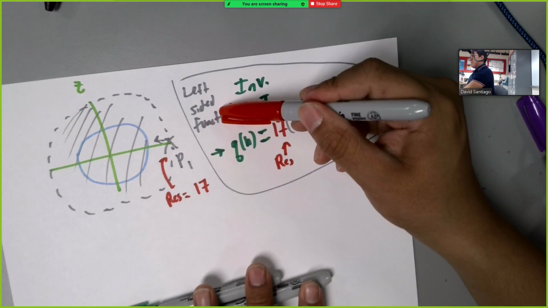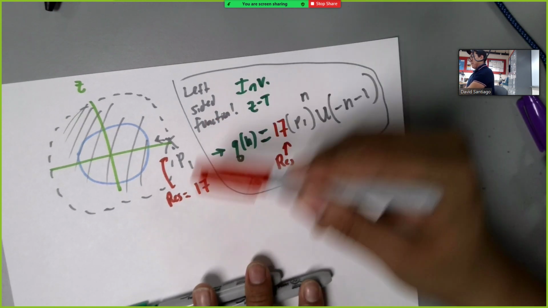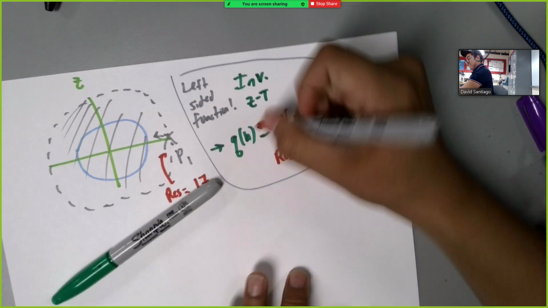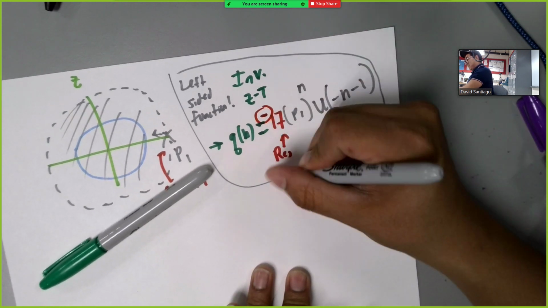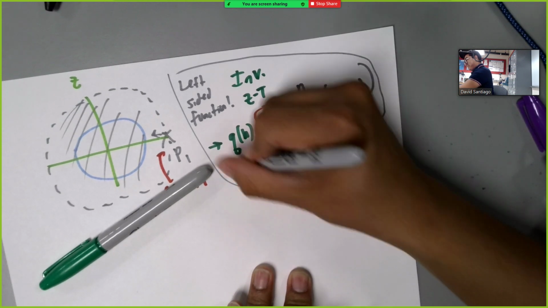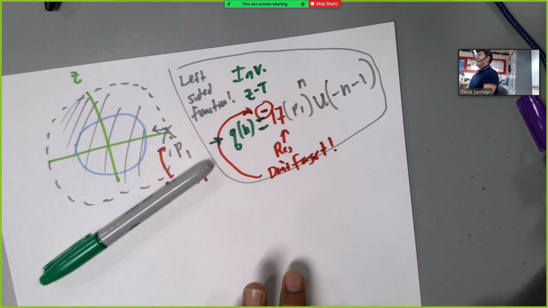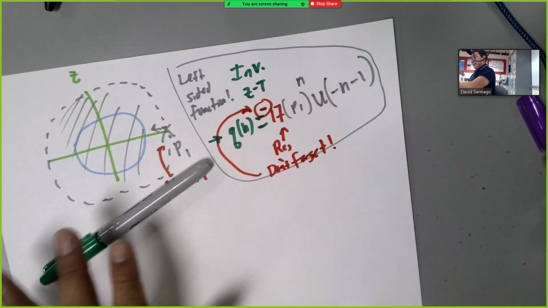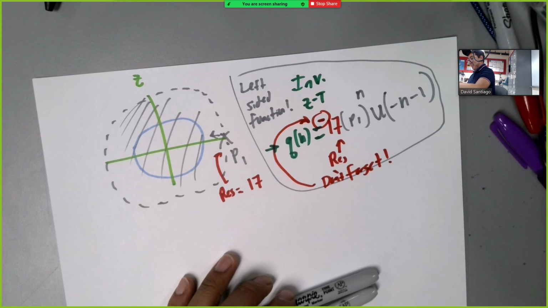Remember in the Laplace transform, when you had left-sided functions, you have to change the sign. Don't forget. There we go. Does that make sense? For left-sided functions.